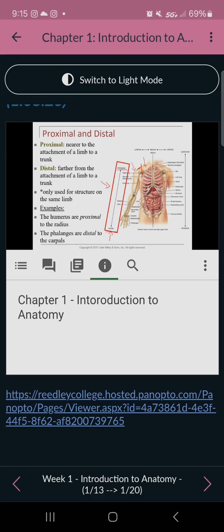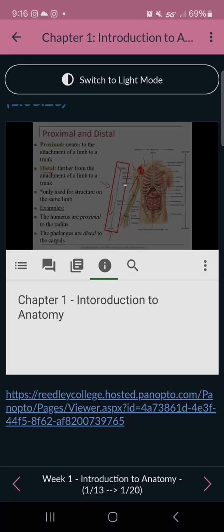So the nearer to this attachment is going to be called proximal. And distal, remember the word distance, means further away from the attachment of the limb to the trunk. So it's further away from this attachment point. This is only used for structures on the same limb.